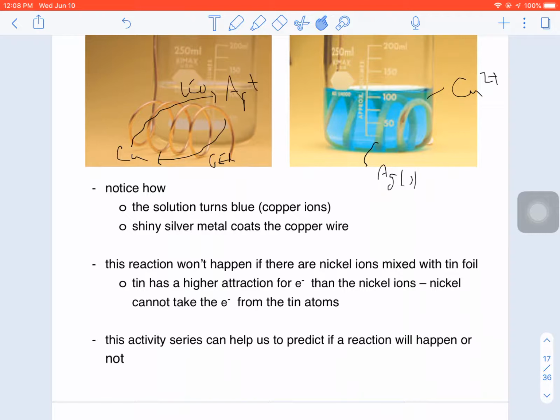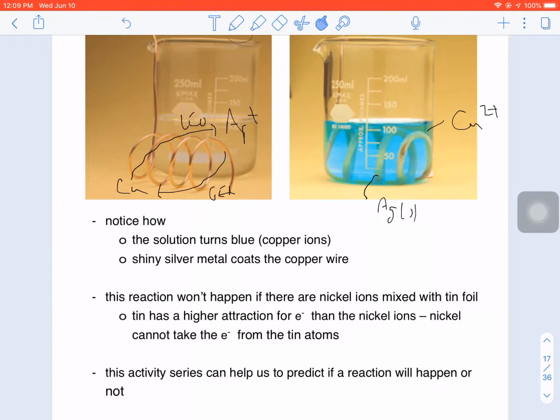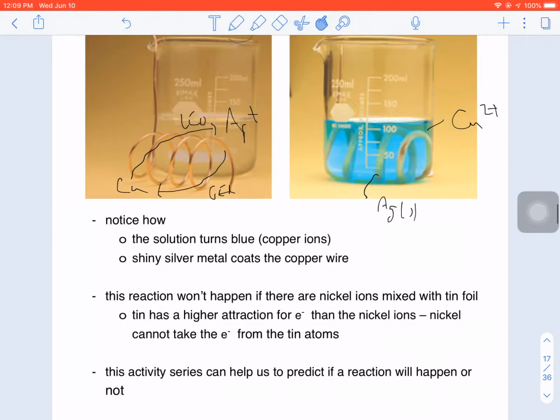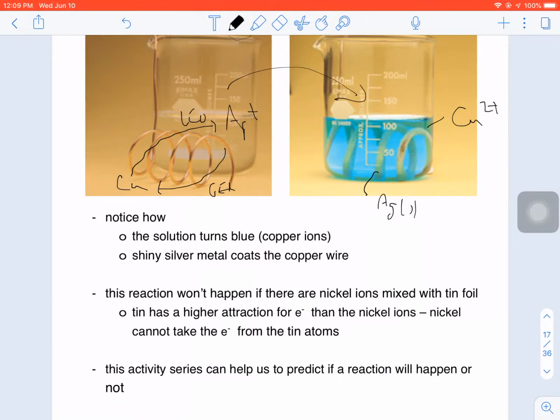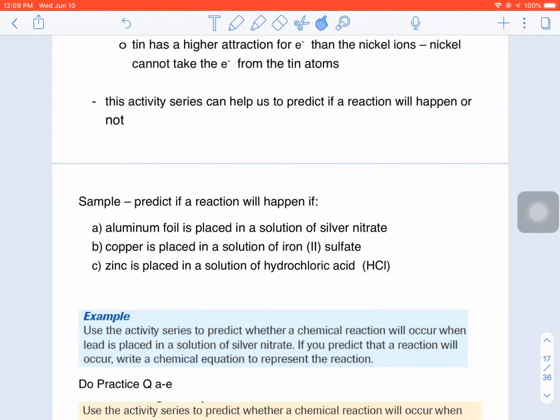Now, if I used nickel ions in here and tin foil, and I left it and came back the next day, unlike this one here that has undergone a redox reaction, nickel and tin foil will not undergo a redox reaction because of the location of nickel and tin in the activity series.